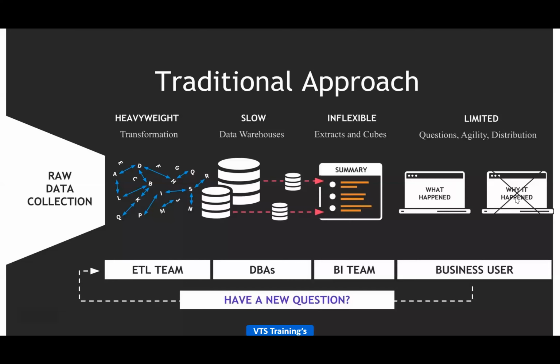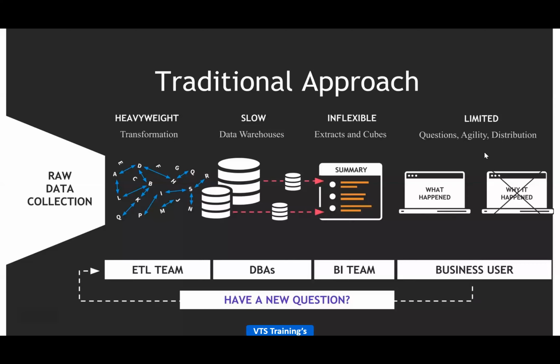Why it happened means that, according to the report which you developed, there will be some related data indicating why it happened. That data will be available in the data source. But if the business user asks a new question, you have to go to the data team again.